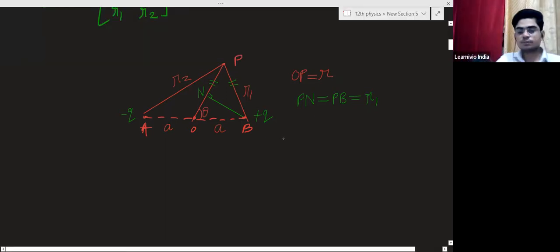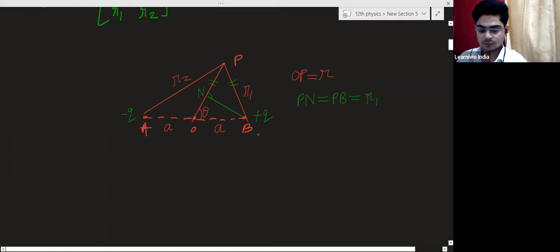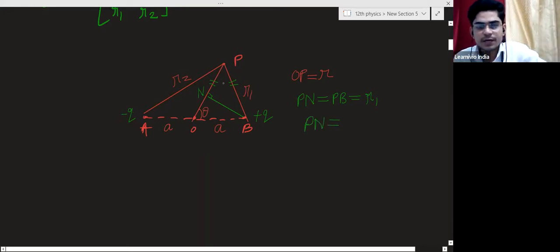Now, if we want to calculate PN, then what will we write? OP minus ON. Now it's okay.